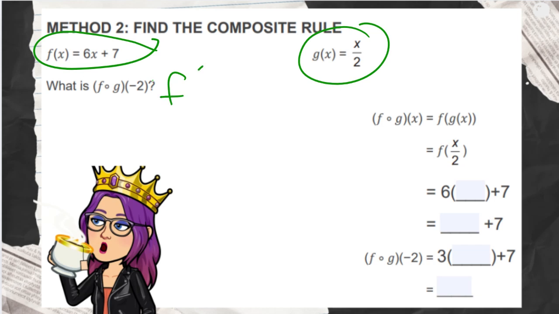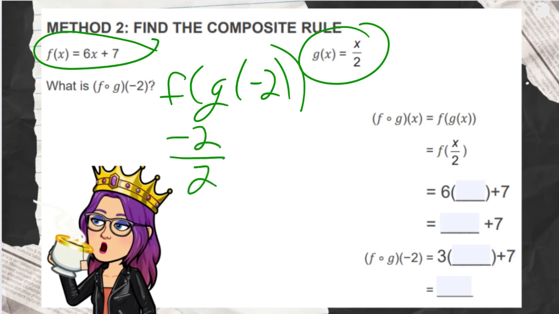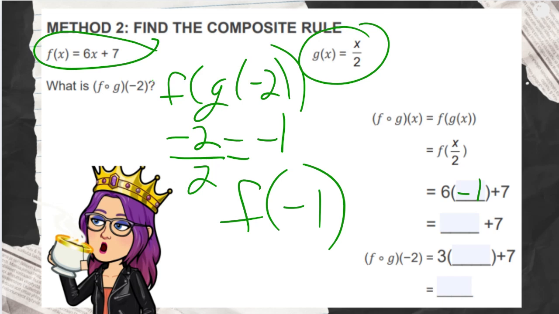So we're going to have f(g(-2)), and we're going to do -2 over 2, which gives us -1. So we're going to do -1 right here because it is f(-1). And so we're going to have -6 plus 7, okay, which gives us 1.